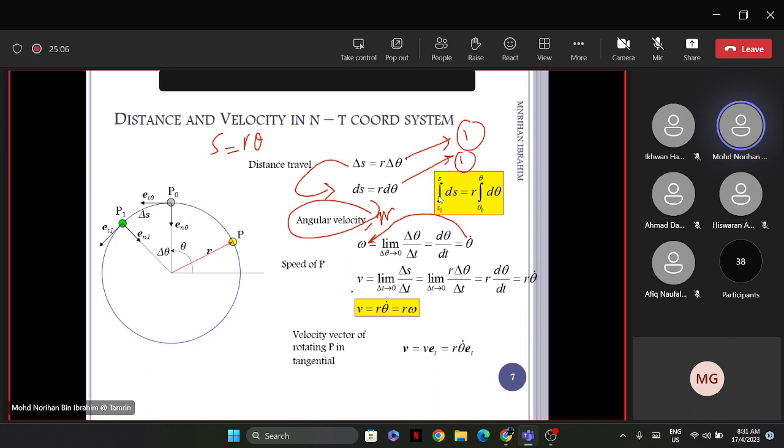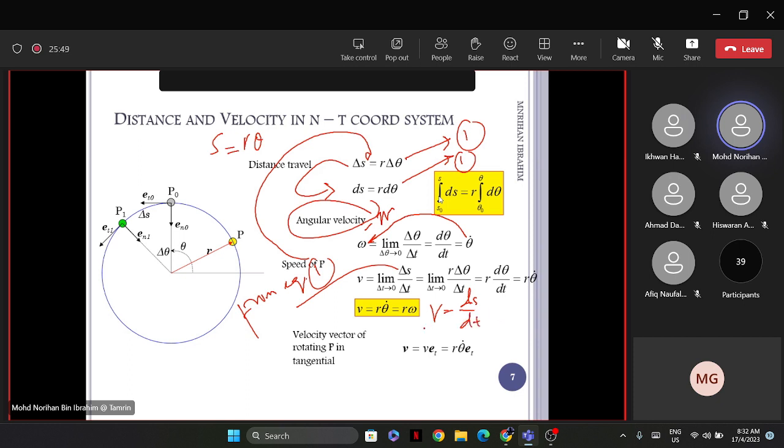And we know that V is equal to delta S over delta t, with delta S from equation 1. Substitute into V is equal to delta S over delta t, where delta S is equal to R delta theta, or ds is equal to R d theta. So V is equal to ds over dt.